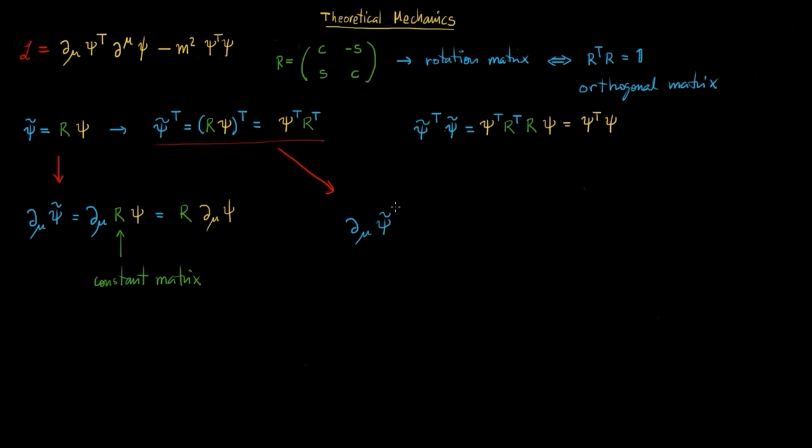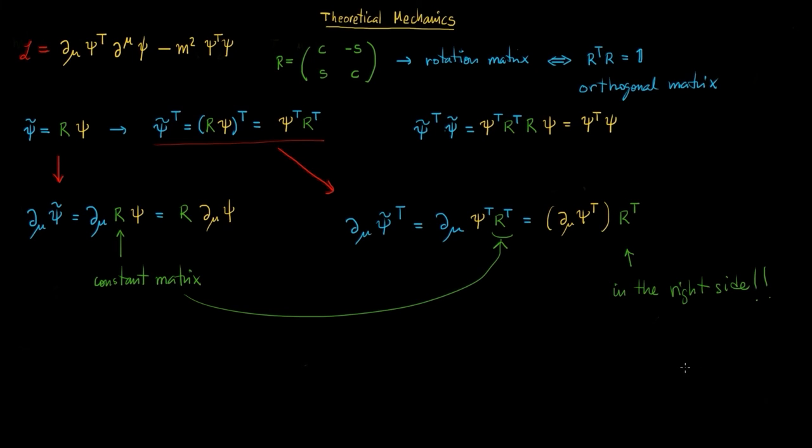If we do the same in this equation, the transposed rotation matrix can also come out, but we must be careful because the transposed rotation matrix comes out on the right side. The reason is that it's a row vector that is being multiplied by a matrix, and the same order must be maintained. Again, we multiply one term by another.